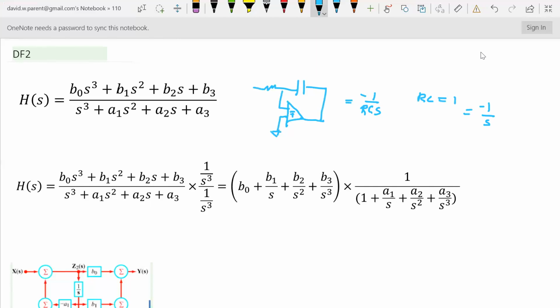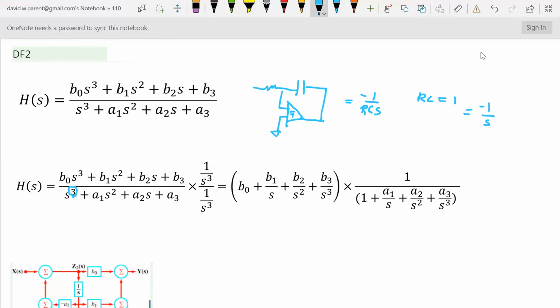So to convert this into integrators, we divide through the numerator and the denominator by the highest order of s in the denominator. So in this case, we have s cubed.